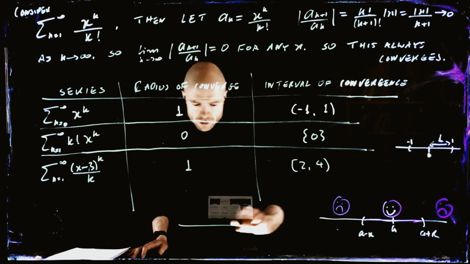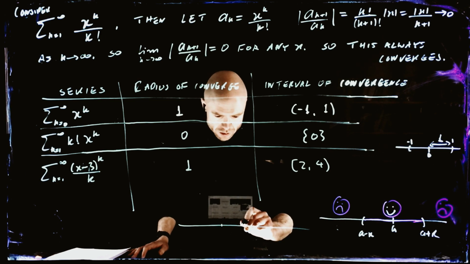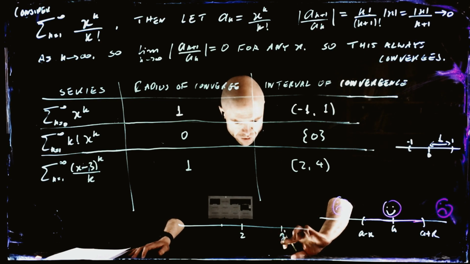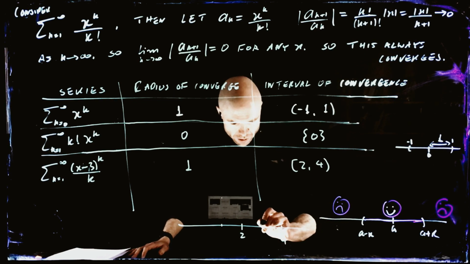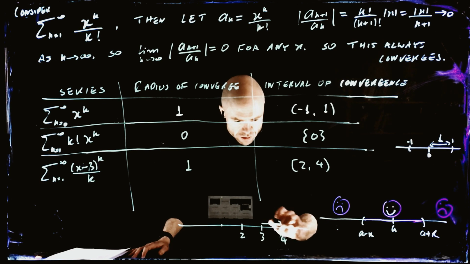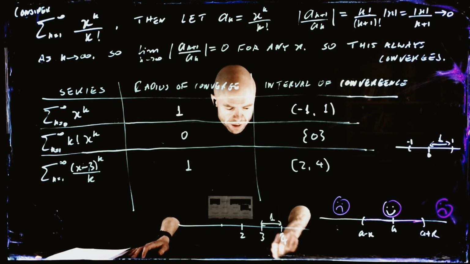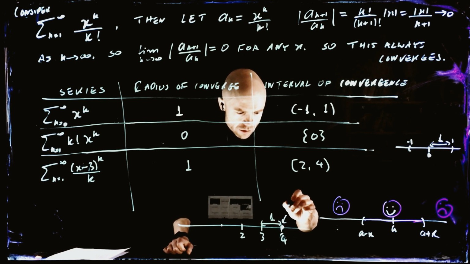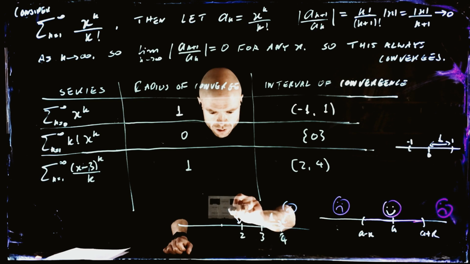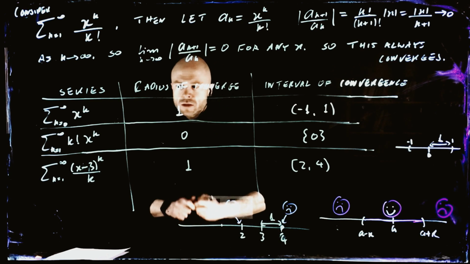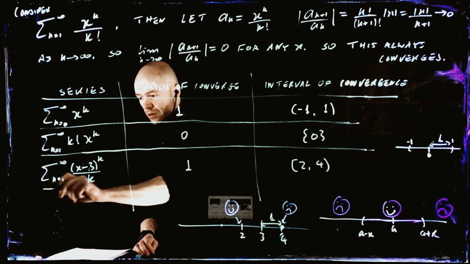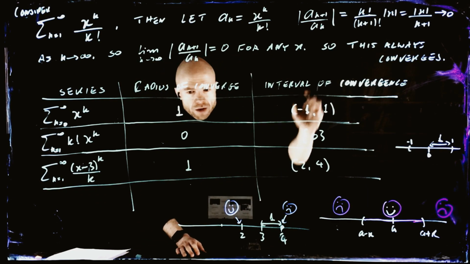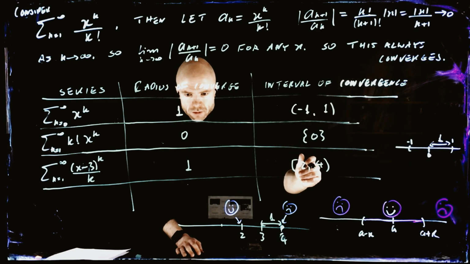So we found out that this thing converges between 2 and 4. It's centered around 3. This is where it's centered. And the radius is 1. And we checked the endpoints and found that it doesn't converge here, but it does converge here. So the interval of convergence is something quite different from the radius of convergence, and it's something we have to work harder to find information about. Yeah?